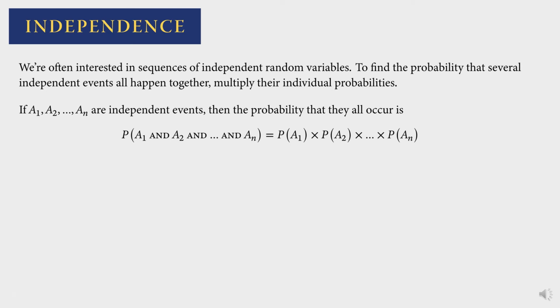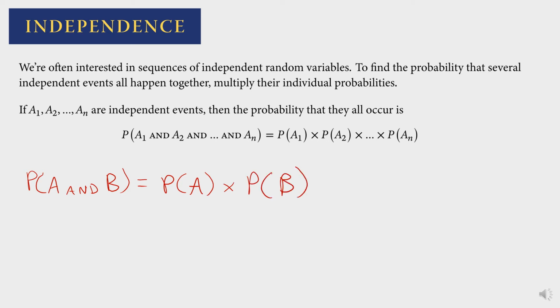Say we have 2 events, A and B, that are independent. Then we have P(A and B) equals P(A) times P(B).